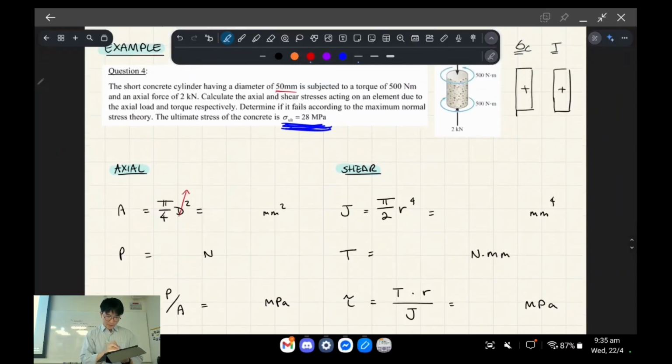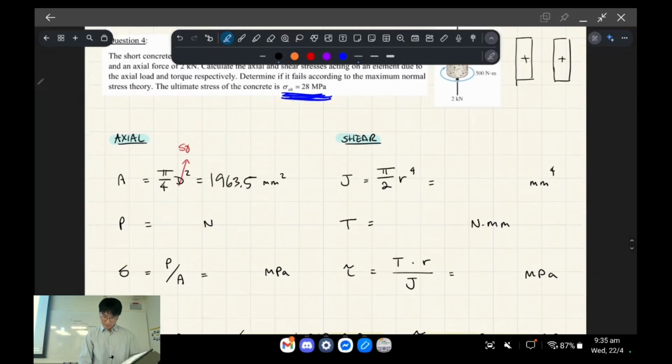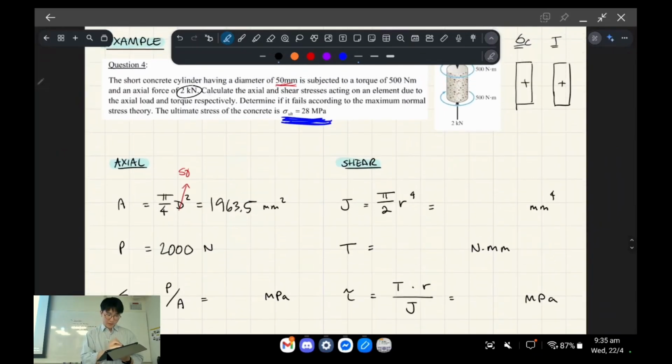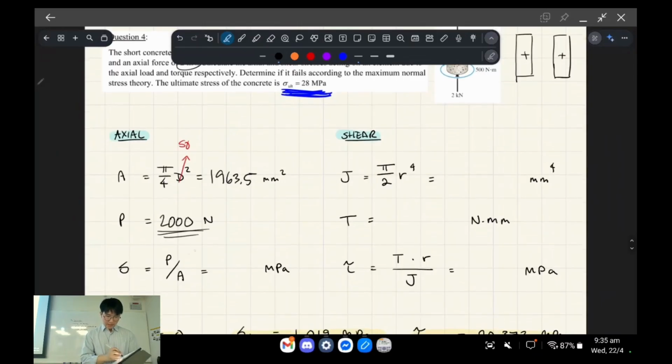We have a diameter of 50, so just chuck that in, giving us 1,963.5 millimeters squared. And then we're converting 2 kilonewtons to 2,000 newtons, right? And then the axial stress that we're experiencing is 1.019 MPa, okay?